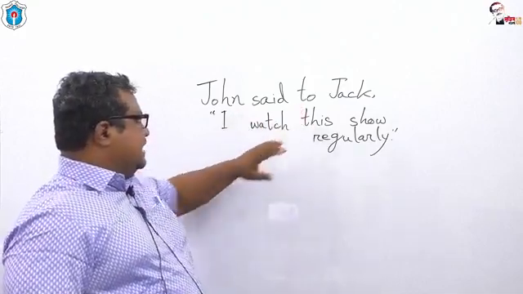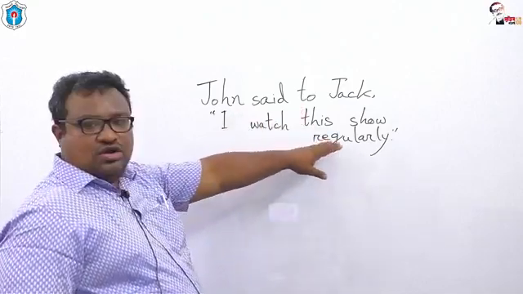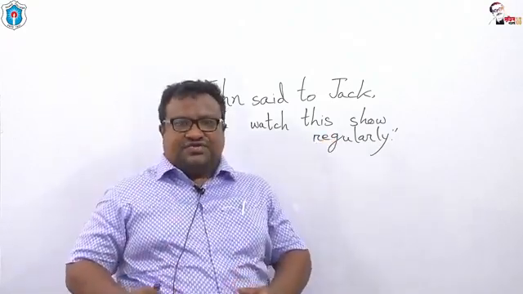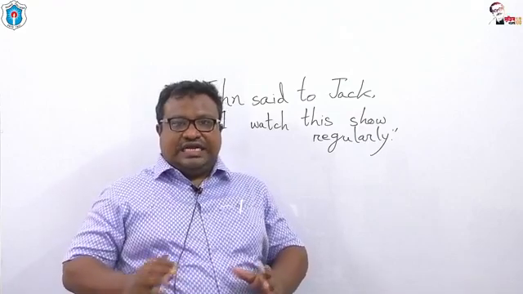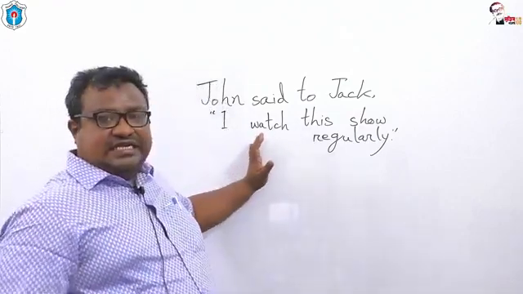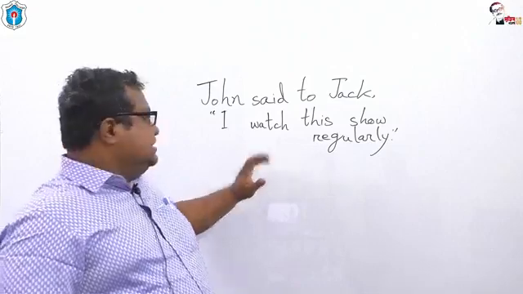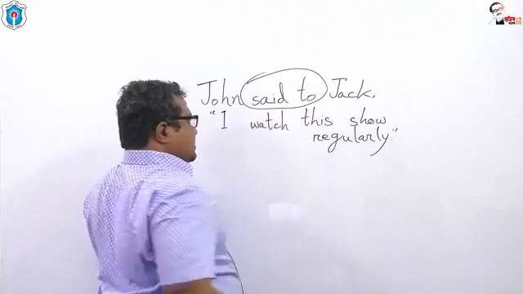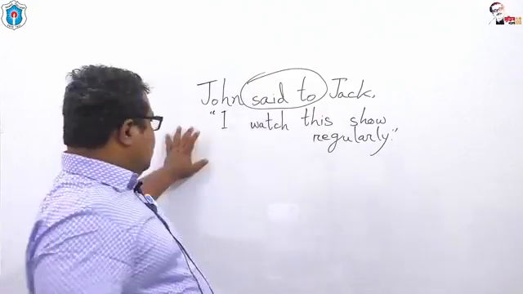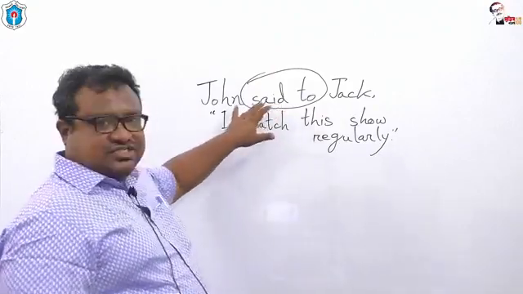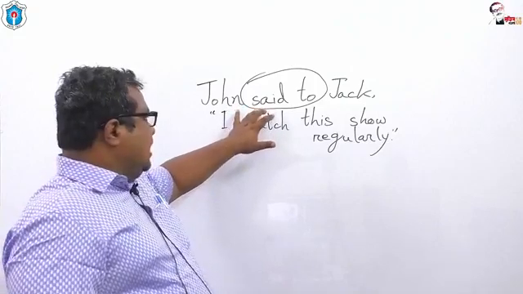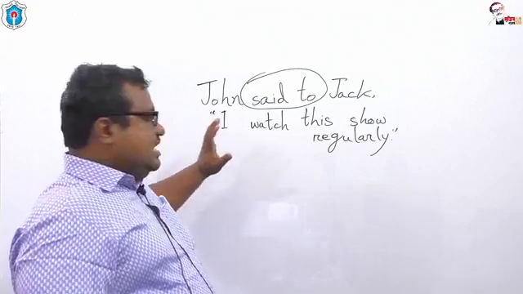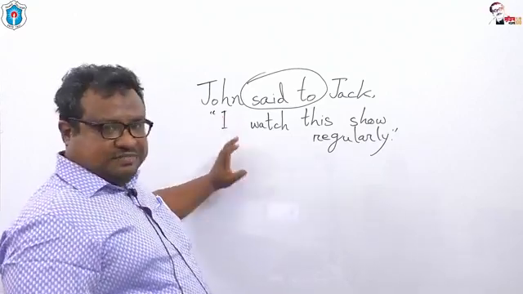John said to Jack, I watch this show regularly. This is in the direct speech format. The main verb, which is not in the inverted comma, is called the reporting verb, while the portion in the inverted comma is called reported speech.